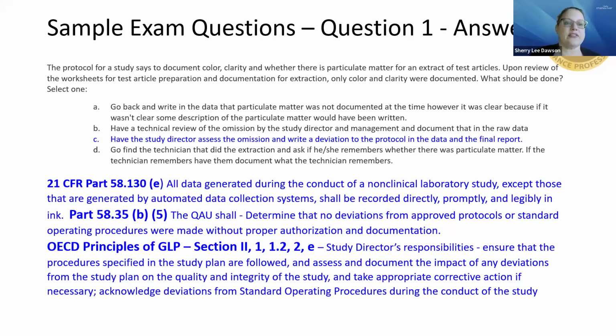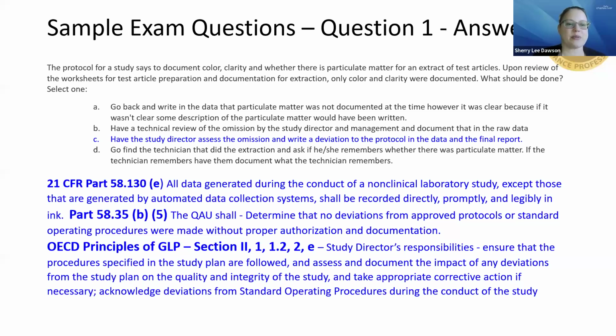As well, in Part 58.35(b)(5), the QAU shall determine that no deviations from approved protocols or standard operating procedures were made without proper authorization and documentation. In FDA GLPs, the requirement that the study director has to authorize the deviations is wrapped up in the QAU section, but it's still the requirement.